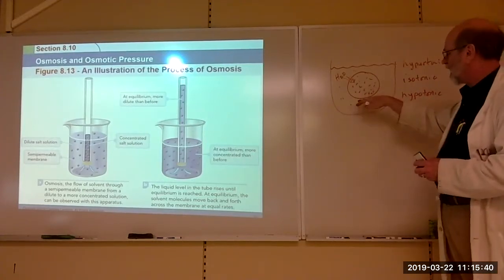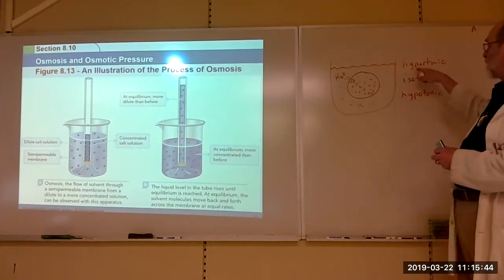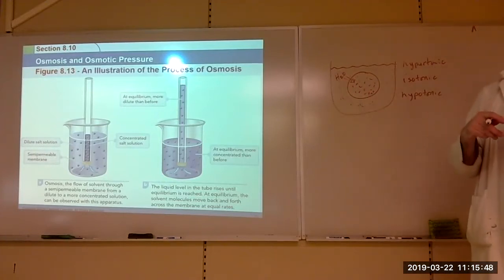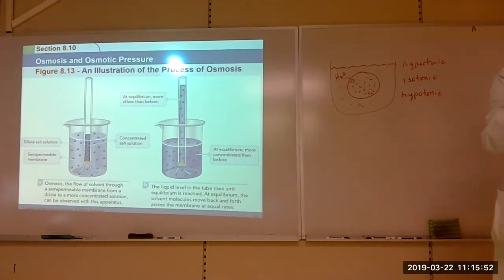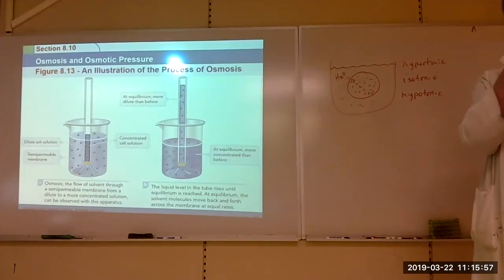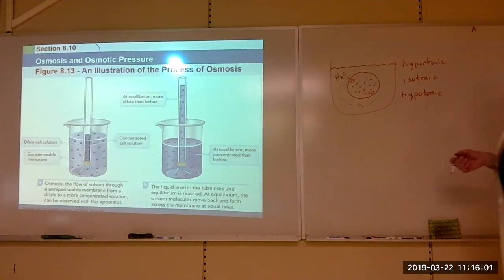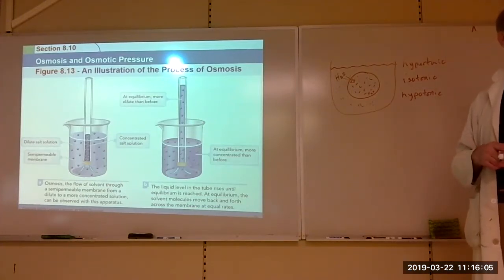So if it's hypotonic, water is going to move into the cell, and if it's hypertonic, water is going to move out of the cell. And the blood cells would, what do they call it, crenulate. They get crinkly, right, because you're sucking water out of the cell. Water is moving in the direction where it is less concentrated.